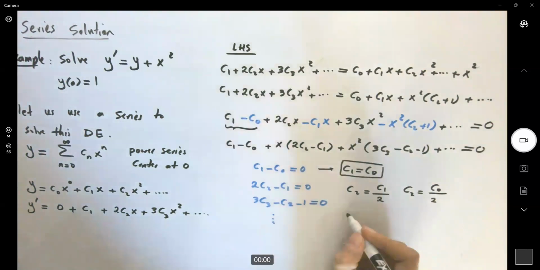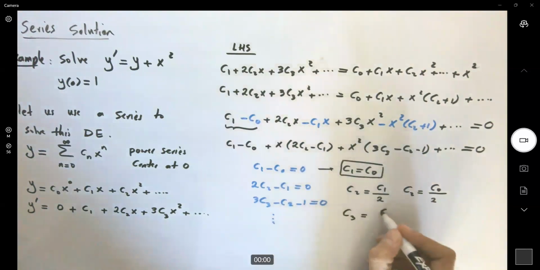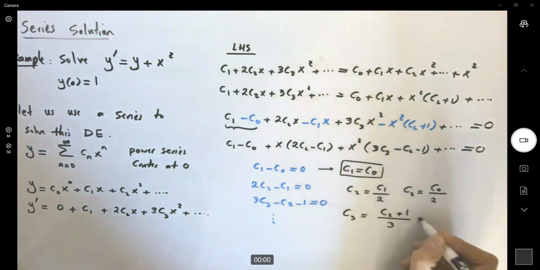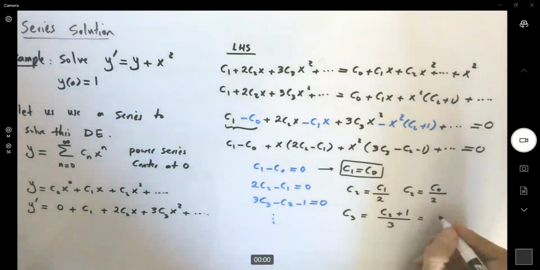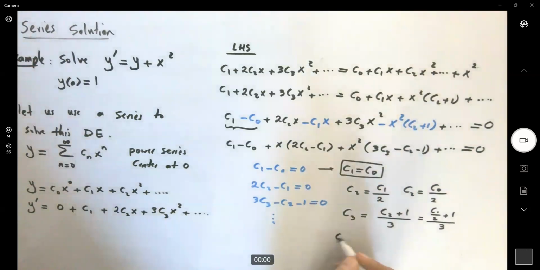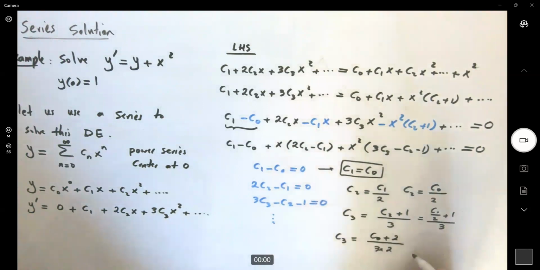Now here, c sub 3 can be written as (c sub 2 plus 1) divided by 3, or (c sub 0 divided by 2 plus 1) divided by 3. Let's just try to simplify the whole thing. c sub 3 becomes (c sub 0 plus 2) divided by 3 times 2. Well, we are seeing a pattern here.